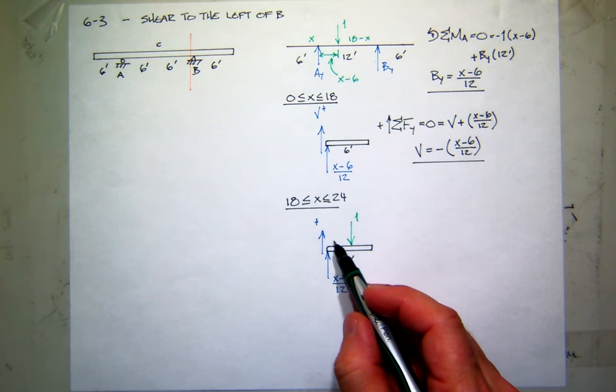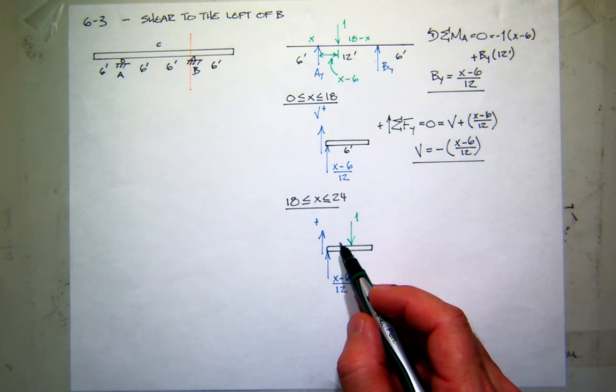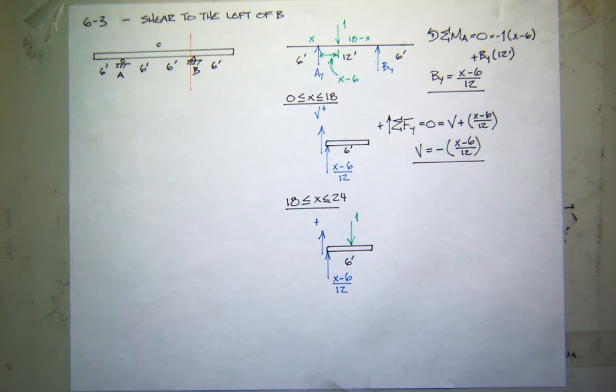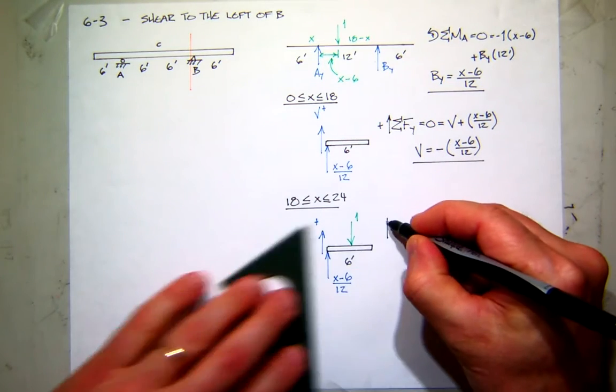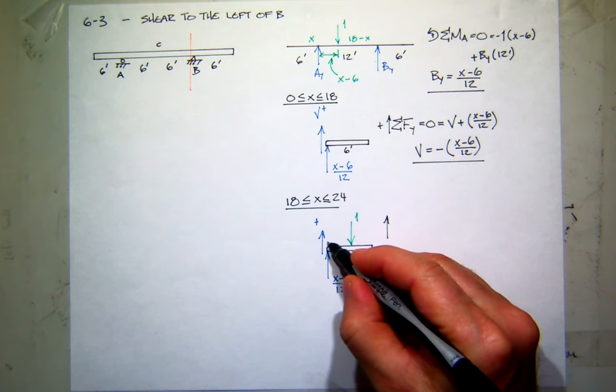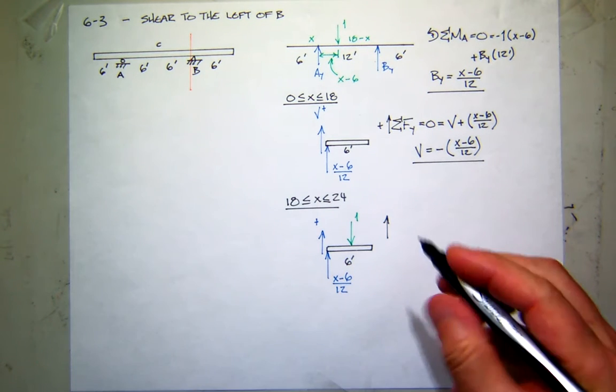Does it really matter what position he is? No, because I'm finding shear, so all I have to do is sum forces, right? If we were summing moments here, then we wouldn't know his position too, so we'd have to figure out what this is. But right now I don't care, I'm just finding shear.